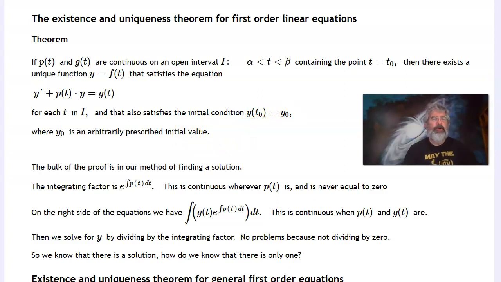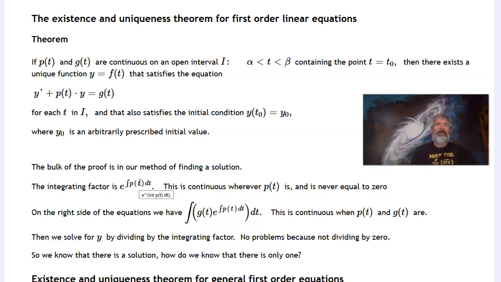To prove this theorem, we mainly have to look at the method that we have for solving first-order linear equations. When you think about what we do, we take that equation, we look at p of t, and then we find an integrating factor, which is e to the integral of p of t dt. Now, when you integrate a function, as long as it's continuous, it does have an antiderivative, and the antiderivative will be continuous on the same interval.